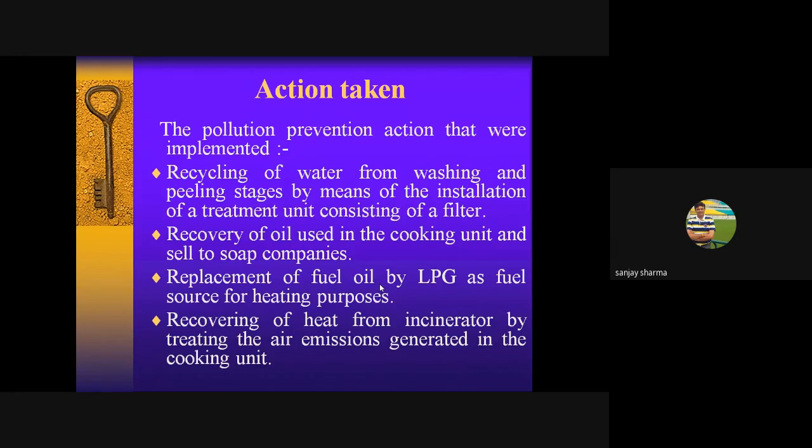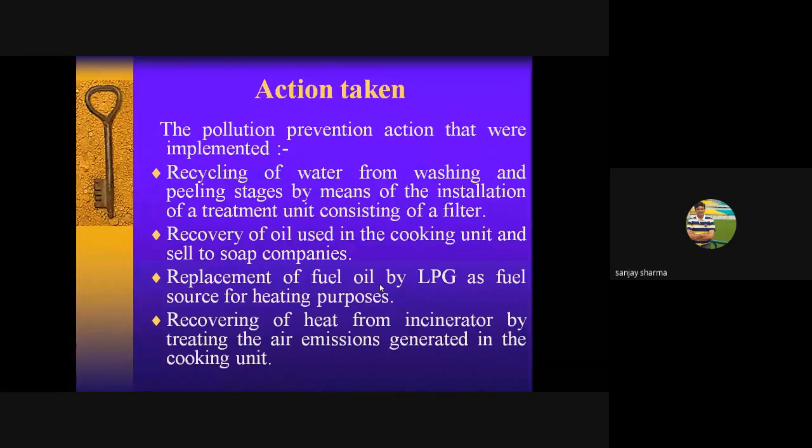Coming to the next point, the oil used in the cooking unit was recovered and sold to the soap companies, who were able to utilize it for their purposes. Then the fuel oil was replaced by LPG, and heat was recovered from the incinerator by treating the air emissions generated in the cooking unit. Instead of throwing the heat into the atmosphere, it is recirculated back to the cooking unit, so that your energy requirement goes down.